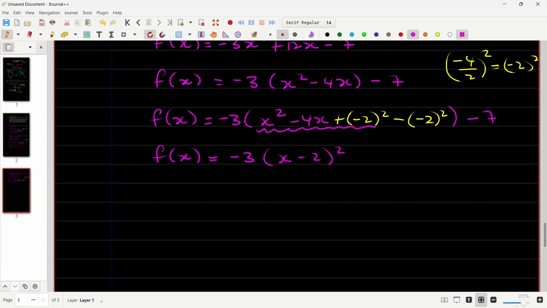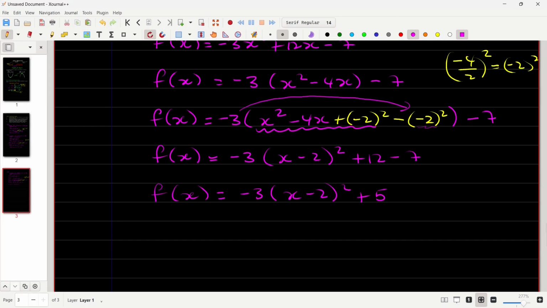And we're going to recognize that we have to take this and multiply this here. So negative 2 by negative 2 is 4. This is minus 4. Minus 3 by minus 4 is positive 12. So we have positive 12 minus 7. And then we finish off plus 5. And that's the answer.